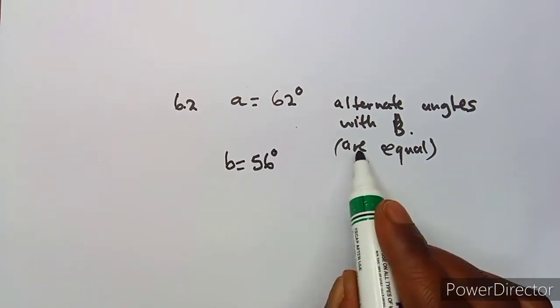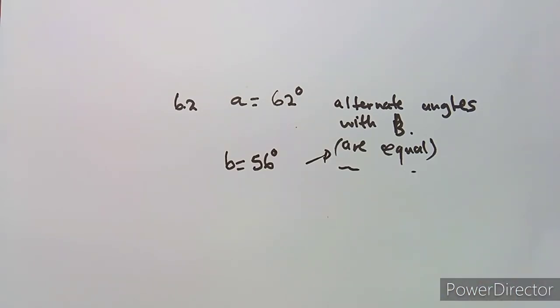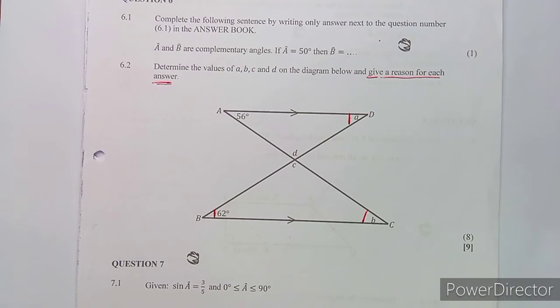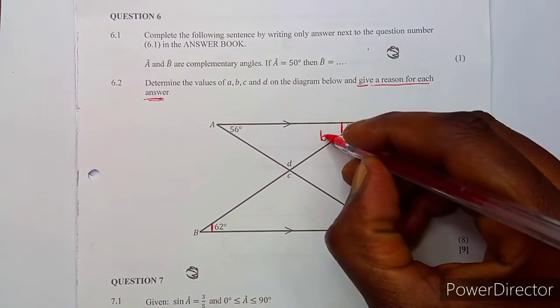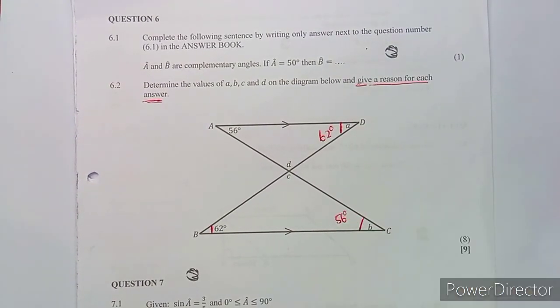The reason, alternate angles again are equal. You write the reason is what we did on the first part. Okay, so we now know that this is 62 degrees. We now know that this is 56 degrees. So you're going to indicate that so that it can help you to find another value.